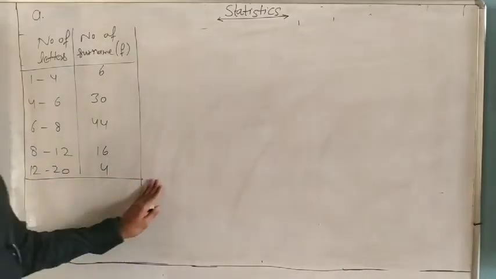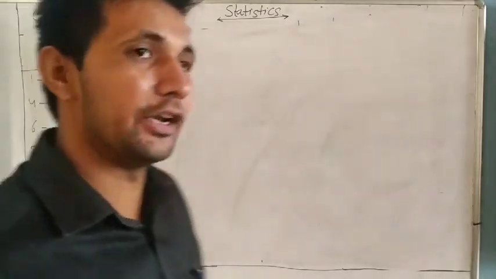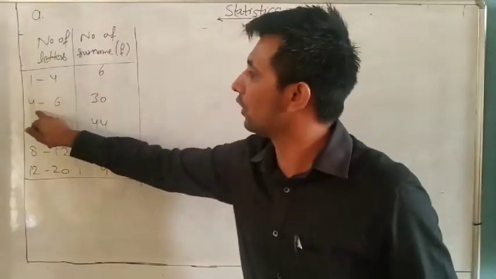First part, draw a histogram. For a histogram, it should be continuous.